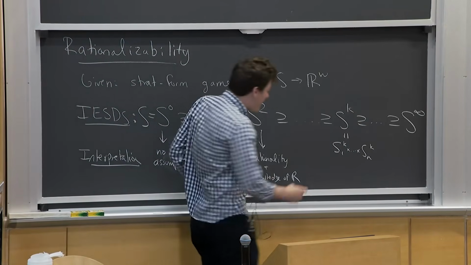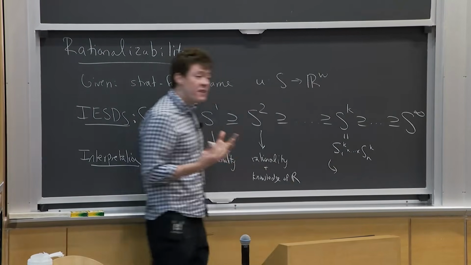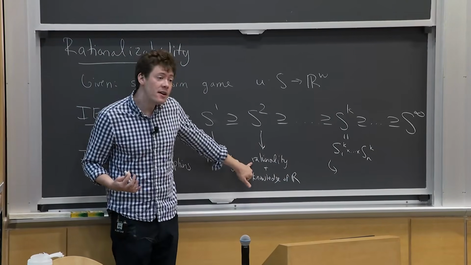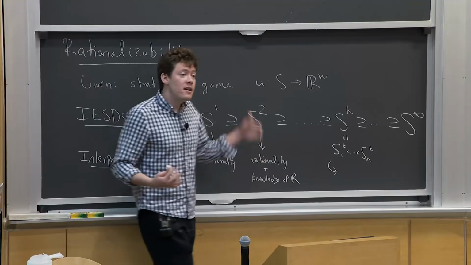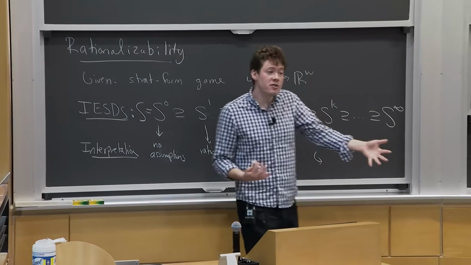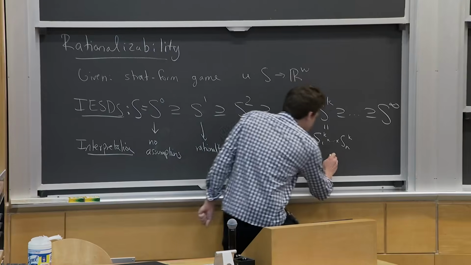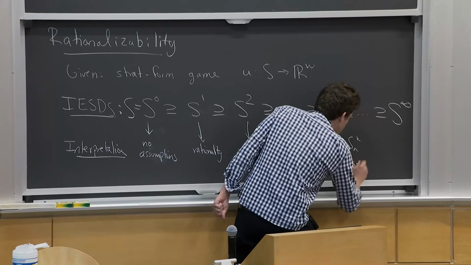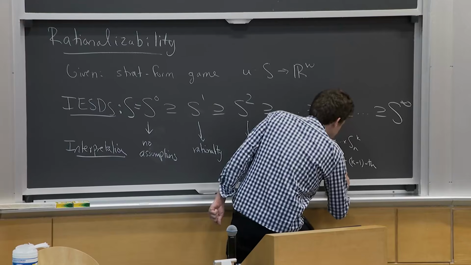So when we get to SK, the interpretation of this is SK is our prediction in the game if we're willing to assume rationality, knowledge of rationality, knowledge of others' rationality, and so on, all the way down to rationality plus k minus 1th order knowledge of rationality.